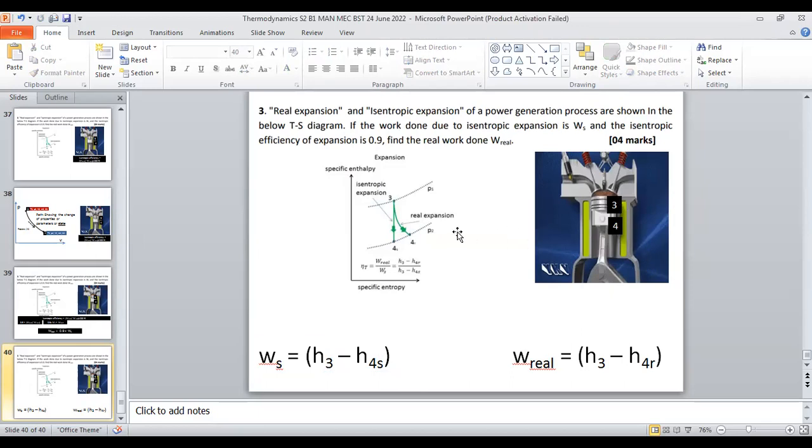And 3 and 4, you can see at H3, higher pressure values, H4, low pressure values.